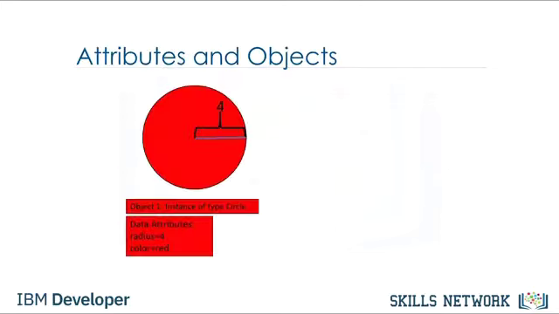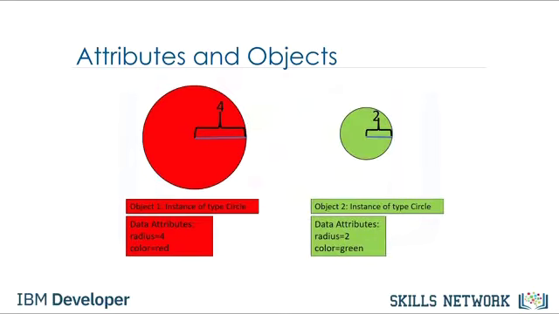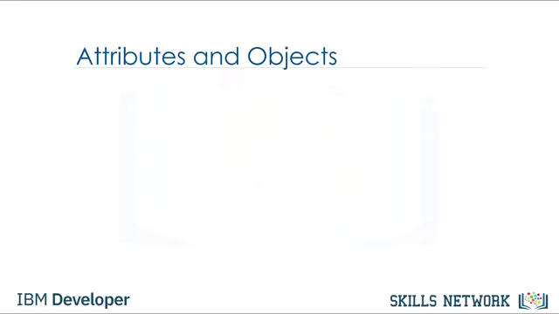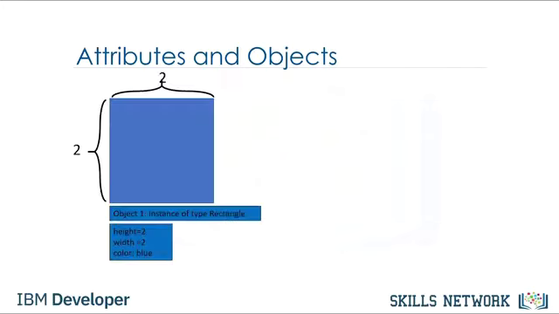We can create an object that is an instance of type circle. The color data attribute is red, and the data attribute radius is 4. We can also create a second object that is an instance of type circle. In this case, the color data attribute is green, and the data attribute radius is 2. We can also create an object that is an instance of type rectangle.